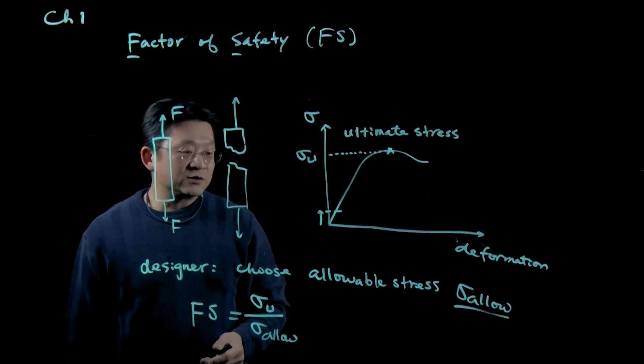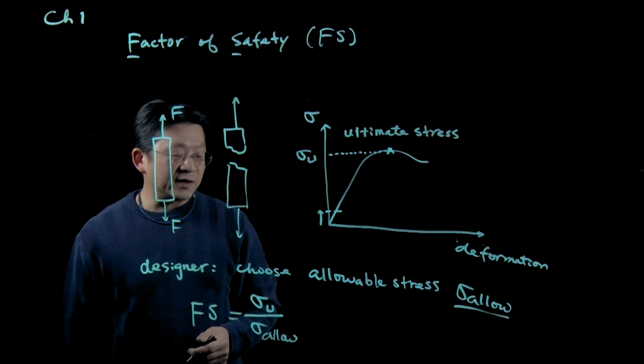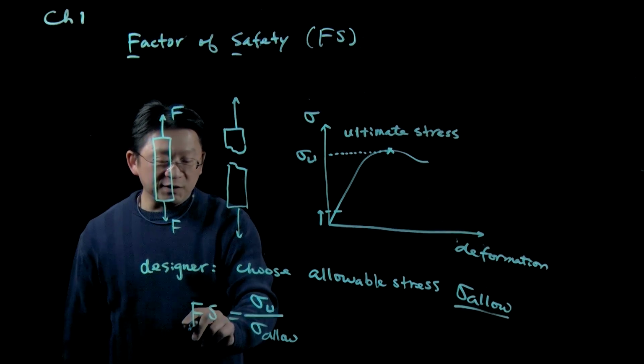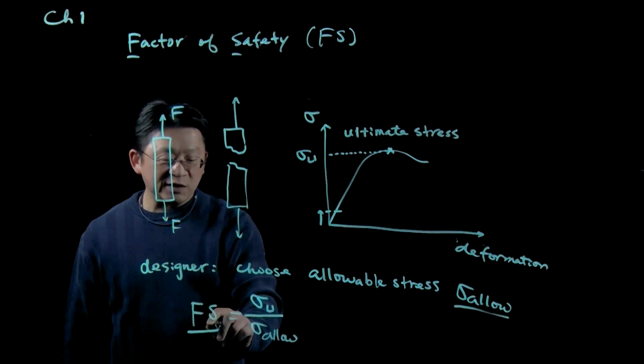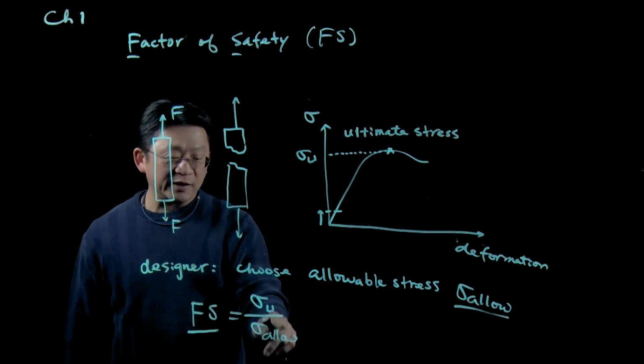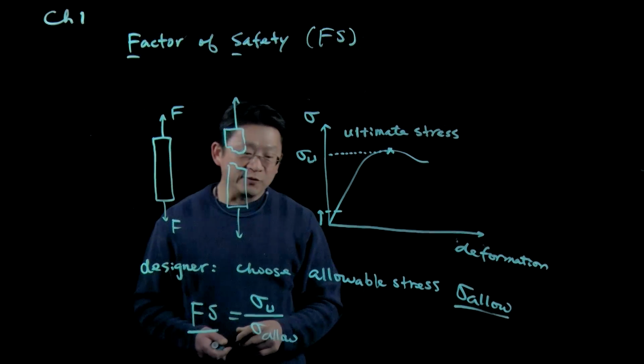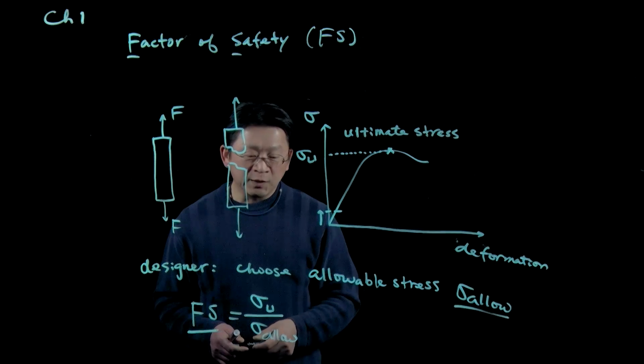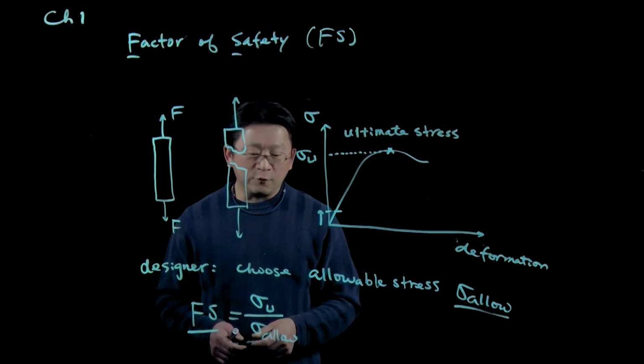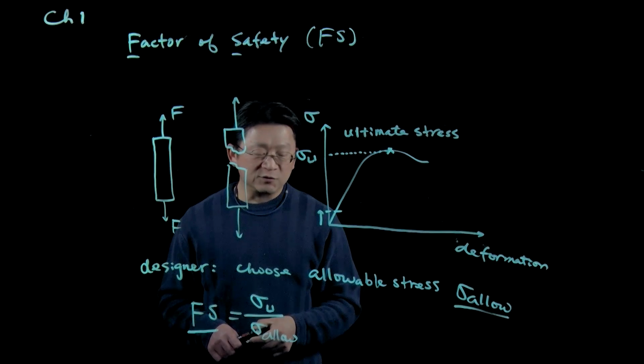This is a very conservative design. By choosing either the factor of safety or the allowable stress, you allow your system to have certain margins so as not to risk the failure of the structures.